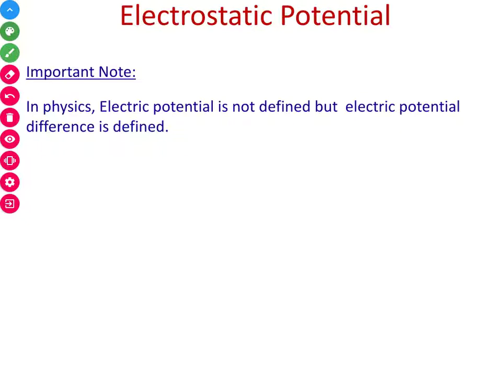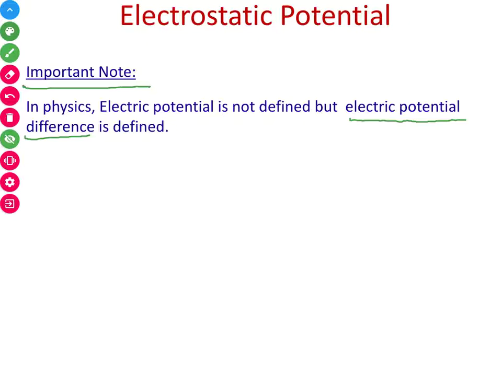Now this is again a very important note. In physics, electric potential is not defined, but electric potential difference is defined. The same thing applies to electric potential energy: the difference in electric potential energy is defined, not potential energy.